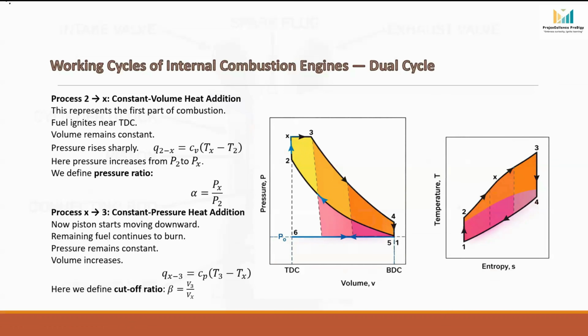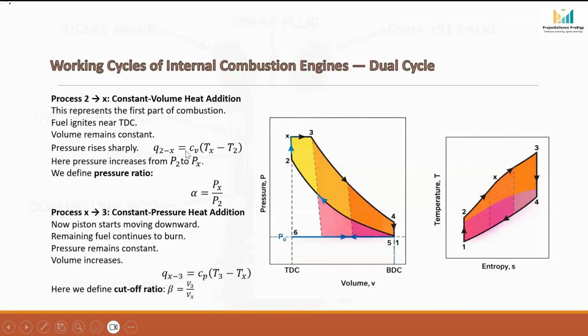Fuel is injected into the hot compressed air and it ignites almost instantly. Since the piston has not yet started moving, the volume remains constant. Because of this, the pressure rises very sharply and the temperature increases significantly. This process is similar to the Otto cycle because heat is added at constant volume.